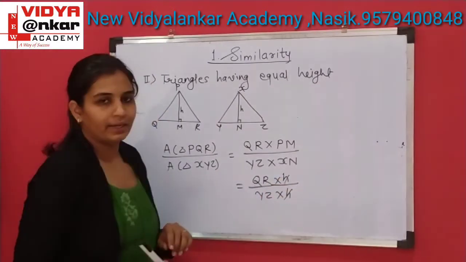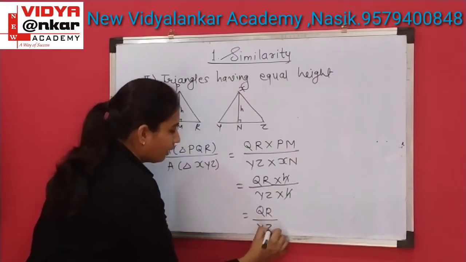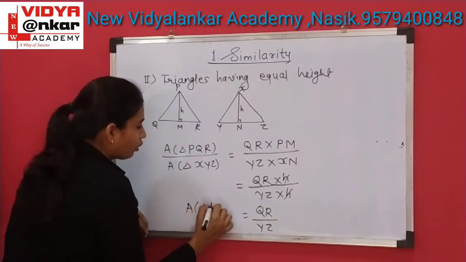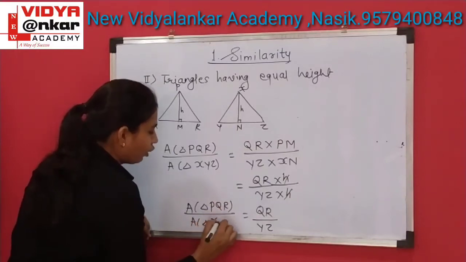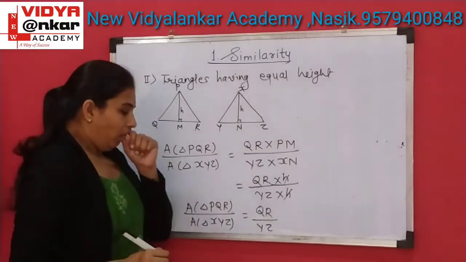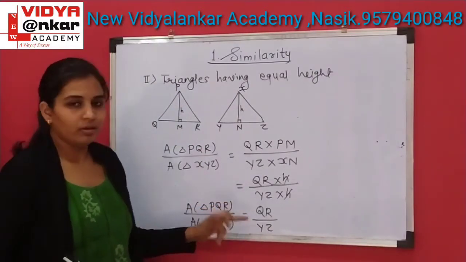The height will get cancelled. We will get QR upon YZ, which means the ratio of the area of triangle PQR to the area of triangle XYZ is equal to QR upon YZ.